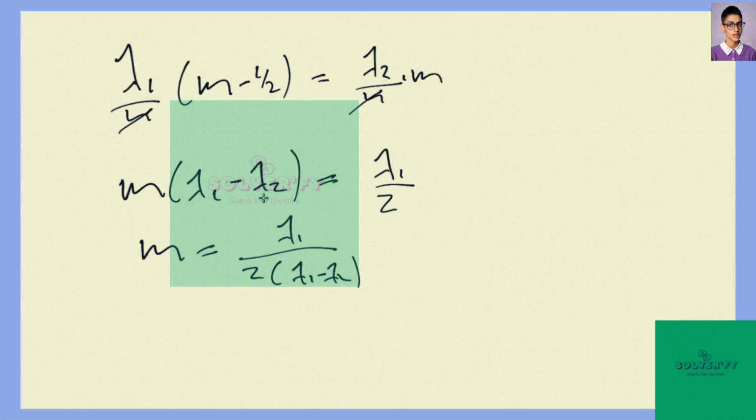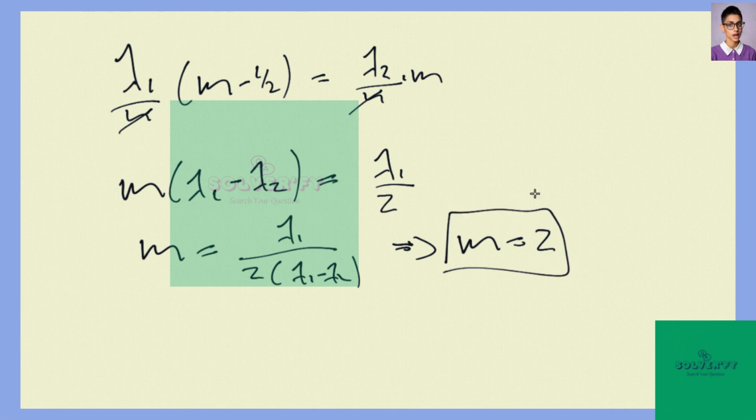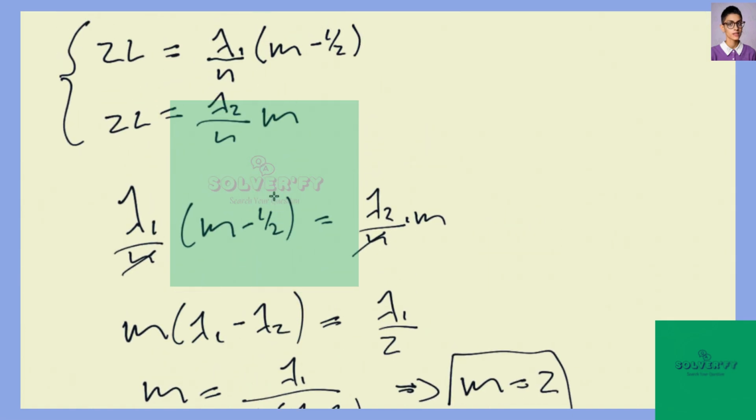So if we plug in what lambda 1 and lambda 2 are, which was 600 nanometers and 450 nanometers, we find actually that m equals 2. So that's good, because it has to be an integer. So that means we didn't do something wrong. So now we can go back and plug m into one of these two equations. I'm going to plug it into the bottom one.